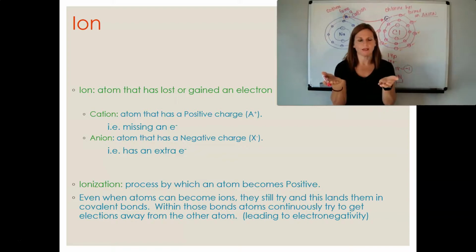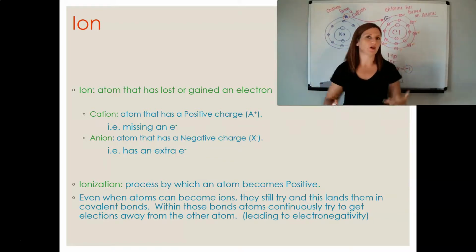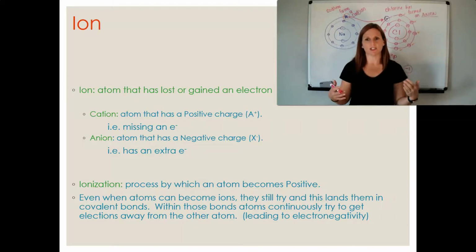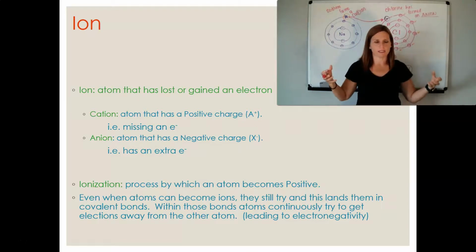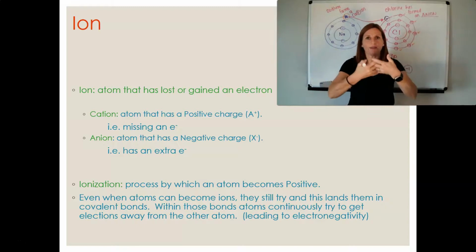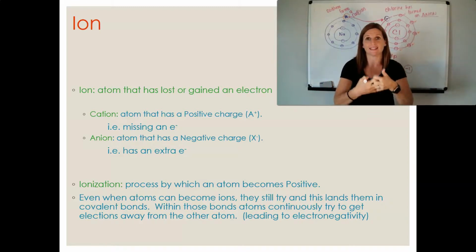Sometimes the two elements both want to gain an electron, and they're both fighting over a free electron, or they're both fighting over an electron they think they could steal. And that's going to lead us instead to a kind of bond called a covalent bond, which is going to be a situation where two elements both try to grab the same electron and they end up locked in a battle to the death.